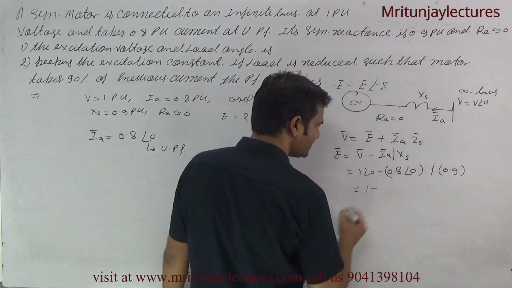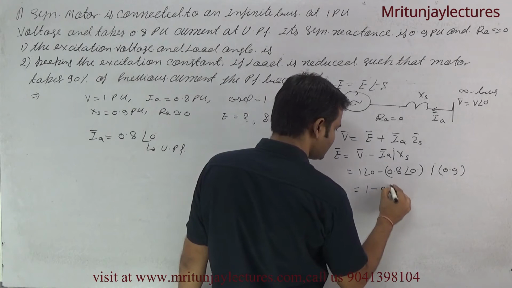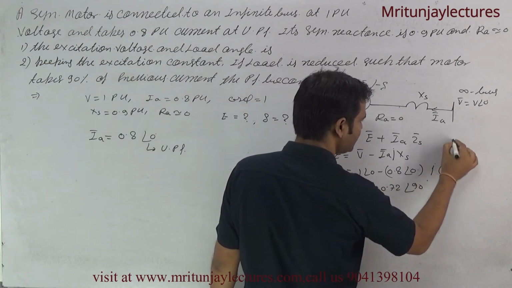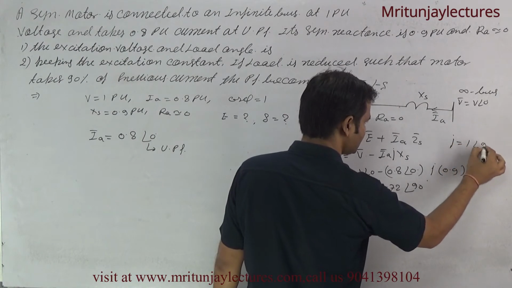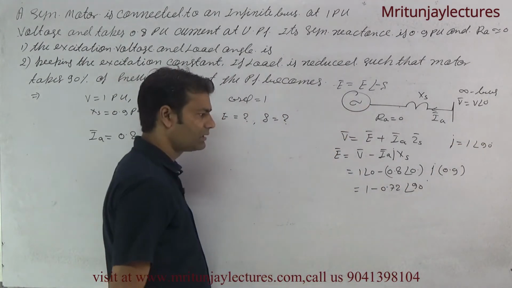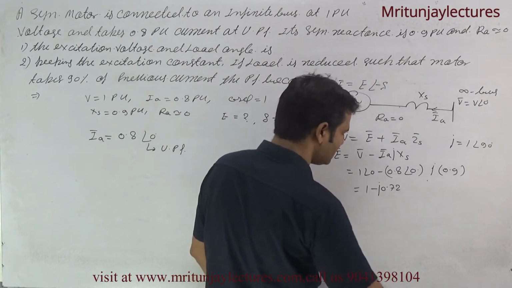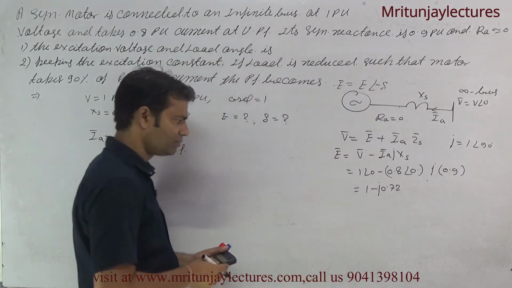So 1 minus 0.72 at the angle 90 degrees, because j is written as 1 at the angle plus 90. If any doubt, it is written as 1 minus j0.72.